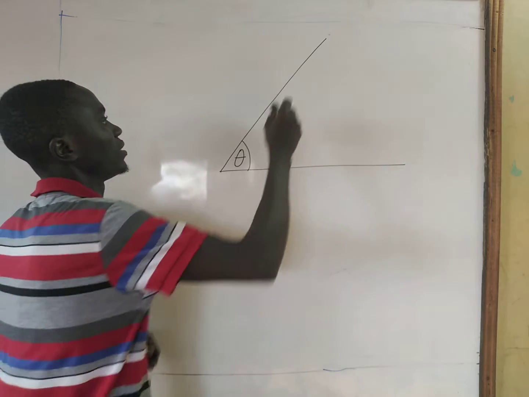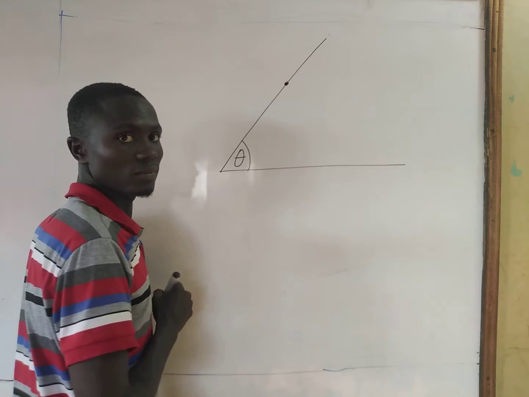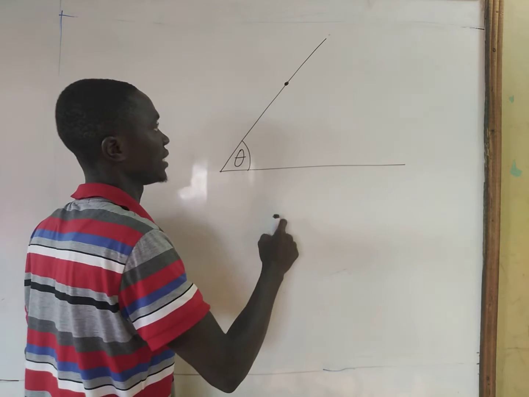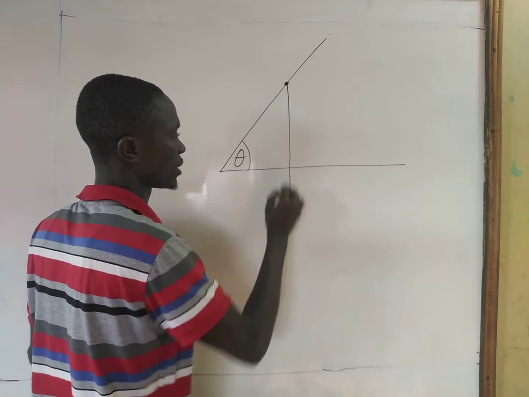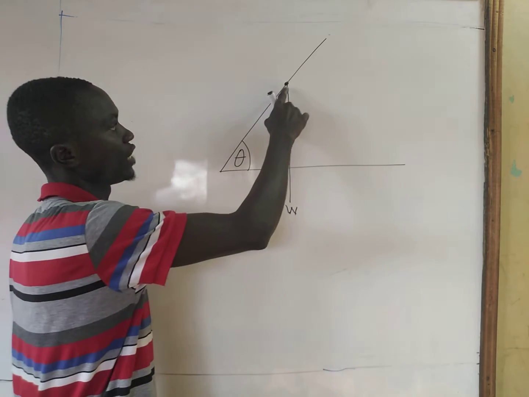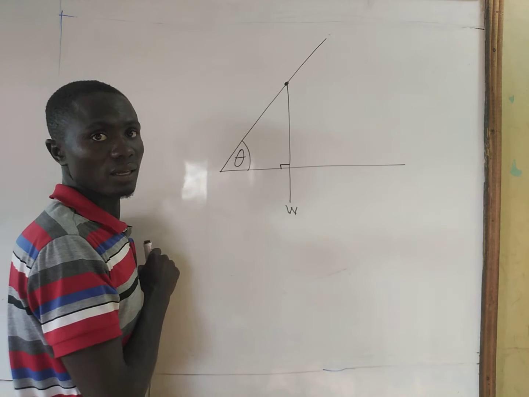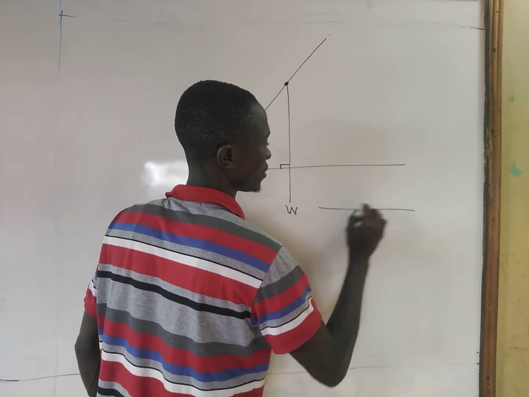Now, let's say this is the body. The weight of the body acts vertically downwards. So the weight of the body goes downwards and it is perpendicular to this horizontal line. Now, if you look at this body, it is not lying on the horizontal.